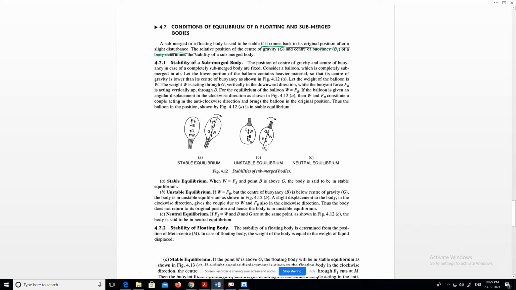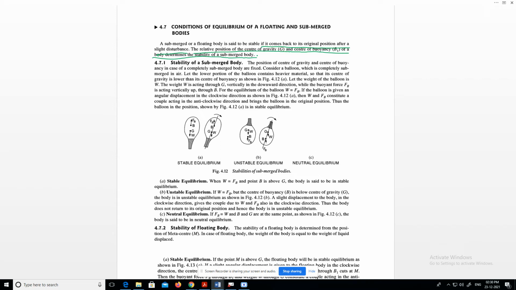The relative positions of the center of gravity and center of buoyancy of the body determine the stability of the submerged body. These two factors define whether the body is in stable or unstable equilibrium. If it is stable, the center of buoyancy and center of gravity should be in the same position.